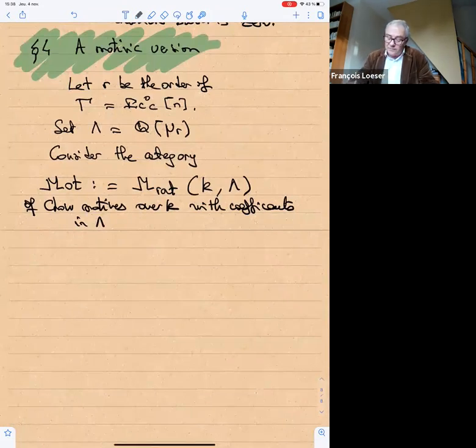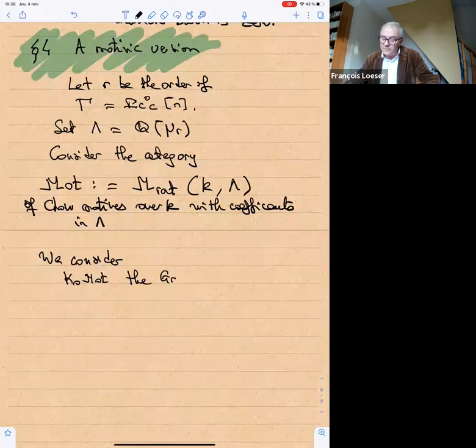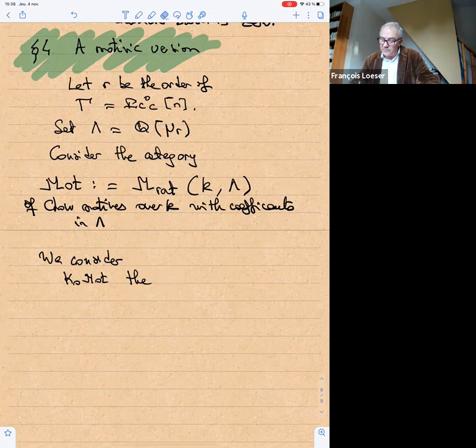So we consider the corresponding Grothendieck ring.